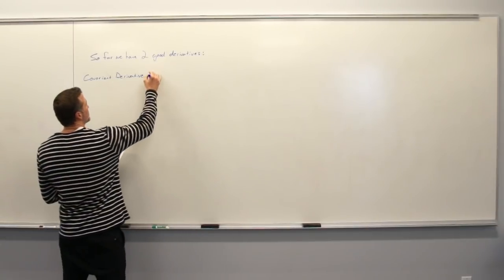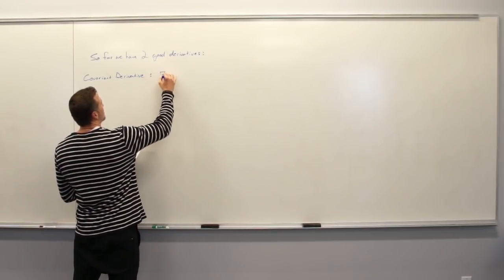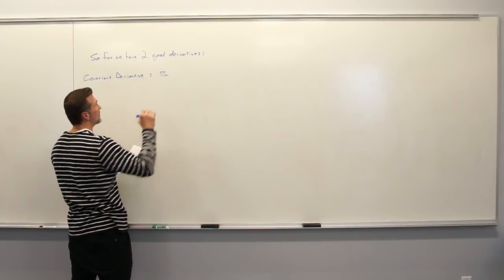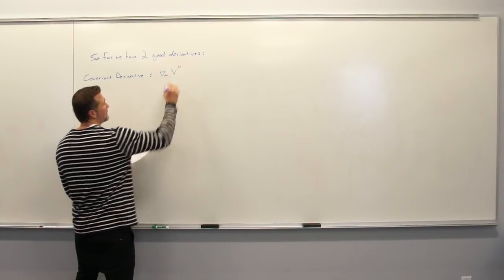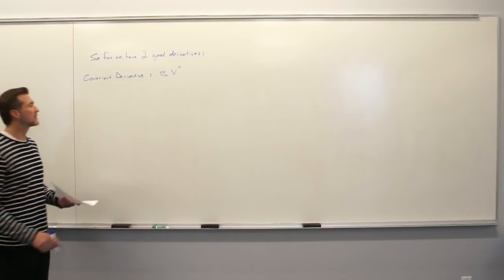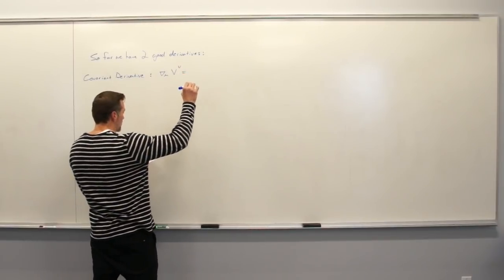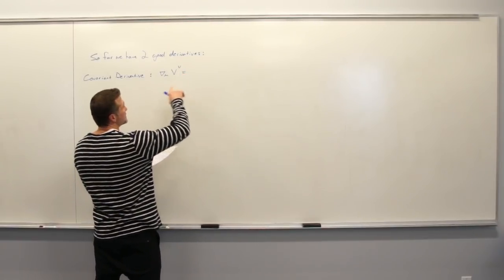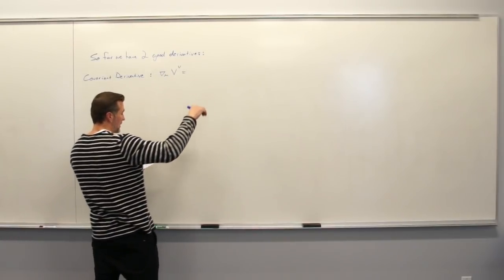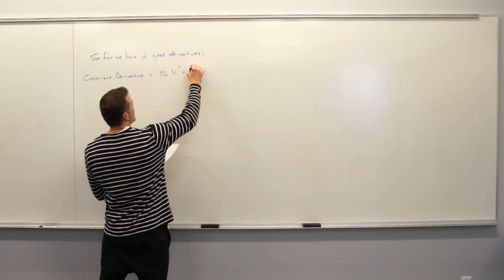The covariant derivative, as you are all familiar, is expressed by del mu, and it acts on a vector, for example. Of course you can let it act on any tensor.